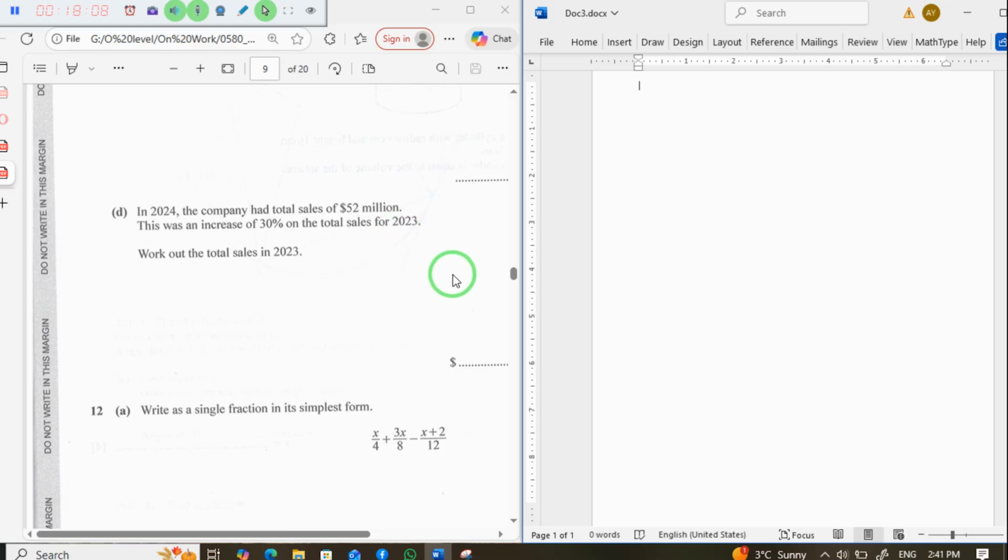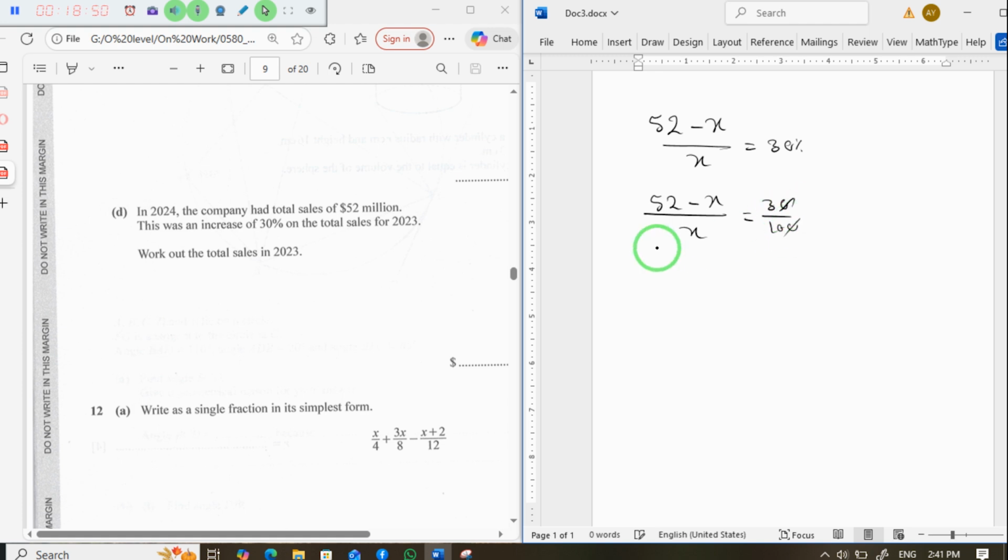How to solve this part? The total amount was 52, but the original value is not here. We have x, and the increase over x equals 3%. So we have 52 minus x over x, and 3% is 3 over 100.